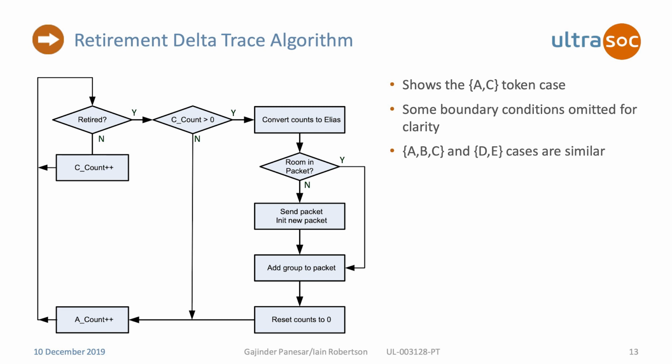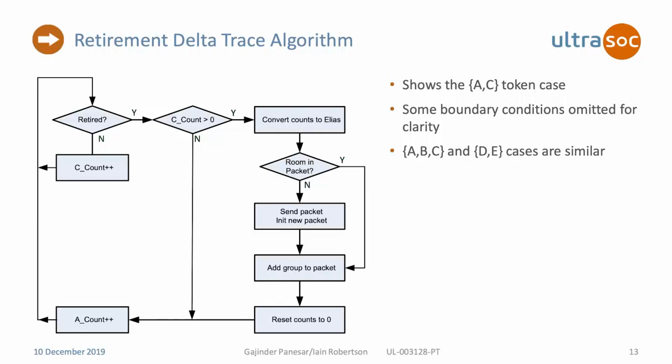The trace packet will be a concatenation of groups of numbers up to some limit, the maximum packet size typically. So the first question we ask is, will it fit in the packet? If it will, then we'll concatenate into the packet, zero the counters and carry on.